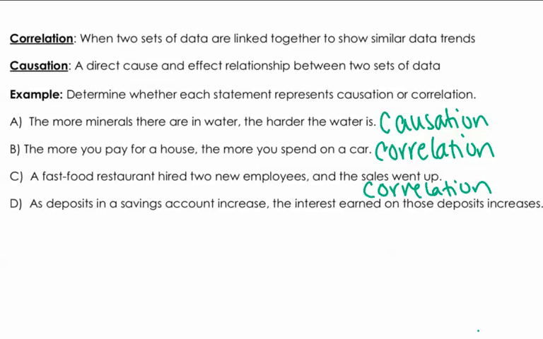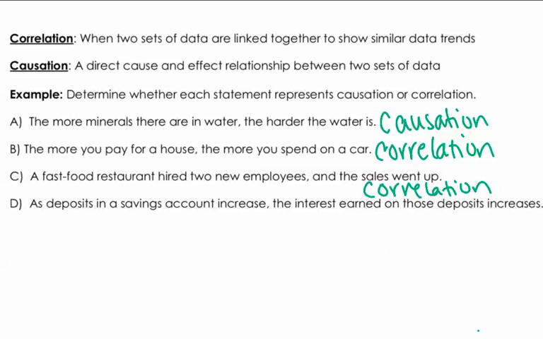Now the last one says, as deposits in a savings account increase, the interest earned on those deposits increases. When you think about a savings account, the amount of interest that you're earning is based on the amount of money that's in there. We talked about that in our chapter on exponential growth: if you have 3% interest, you're going to earn more interest on $500 than you would on $50.